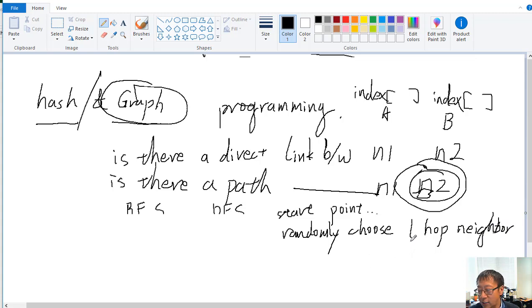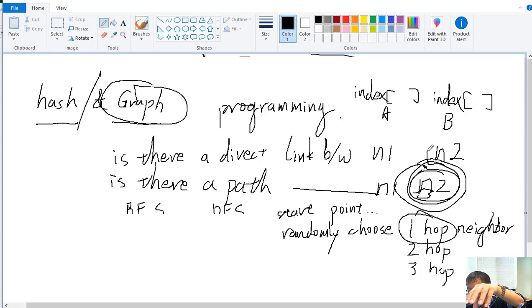And from this guy, you will randomly choose another neighbor of this guy, which will be 2 hops. From you, it will be 1 hop to the guy you choose, but it will be 2 hops from you. And then 3 hops. So basically, you're going to go as deep as possible along a selected path. And hopefully you will get N2 along this path. And at a certain point, you're going to reach the final ending. So this will be a dead end. There'll be no other neighbors you can explore. So what do you do? You backtrack.